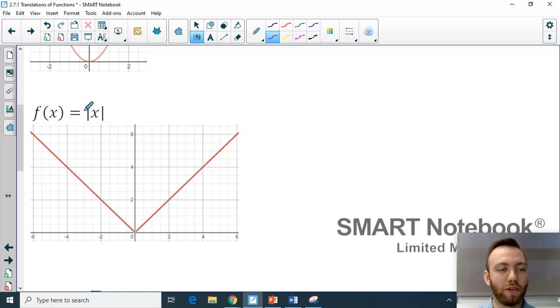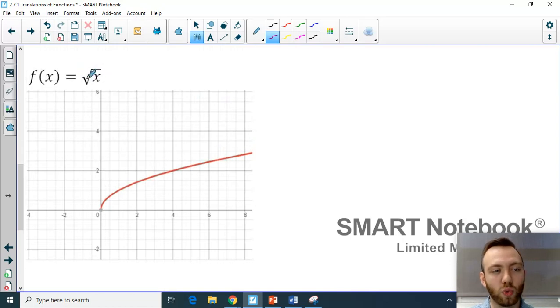So if we pretended that we didn't have the absolute value for a second, we'd have f of x equals x, which is just your basic line, and then we would start going negative. But since we have this absolute value, it says take anything that's negative and make it positive. So that's why we get this little V shape. So that's the basic graph of f equals the absolute value of x. Again, it looks pretty simple, symmetrical. It's got this nice point (0, 0). So that's a good parent graph.